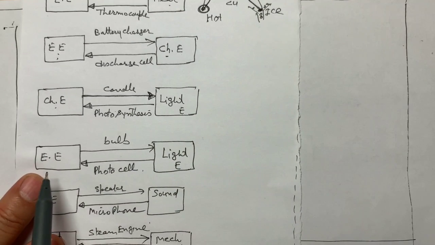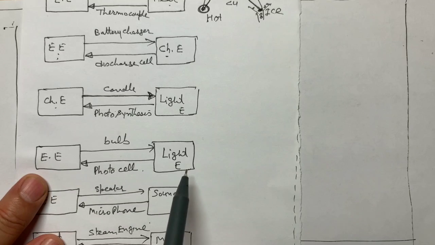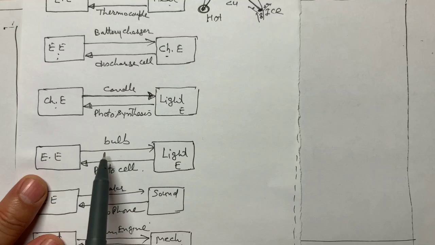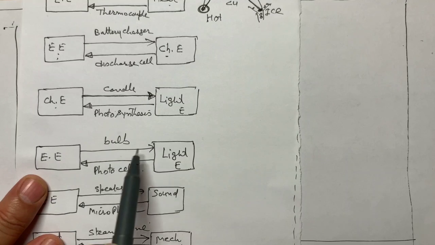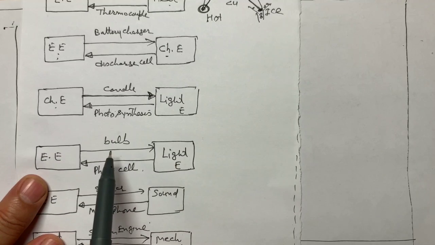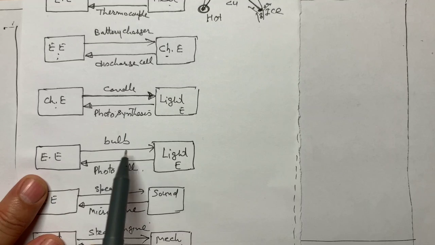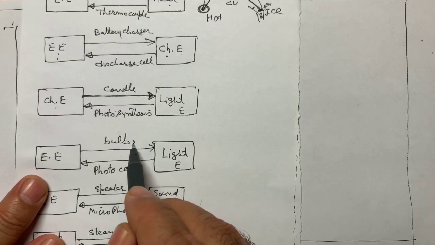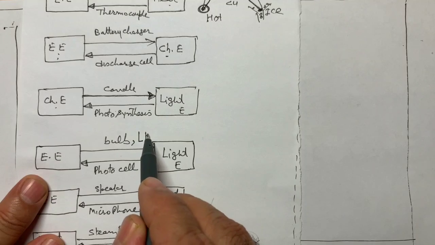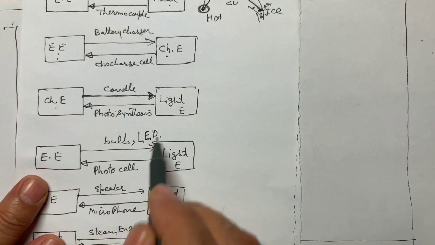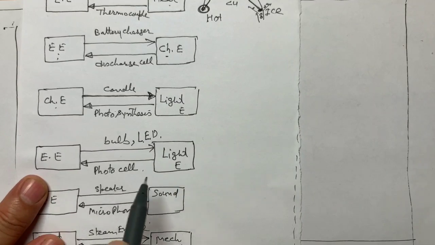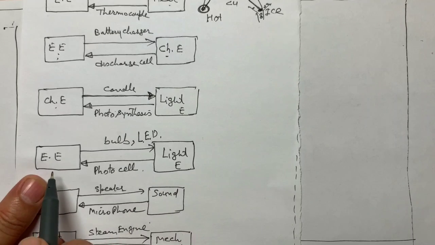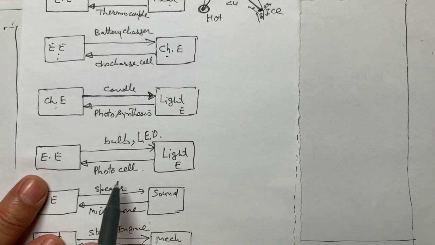The next one is, again, electrical energy is converted into light energy. Bulb, electric bulb, LED, light emitting diode. On the other side, light energy is converted into electrical energy.